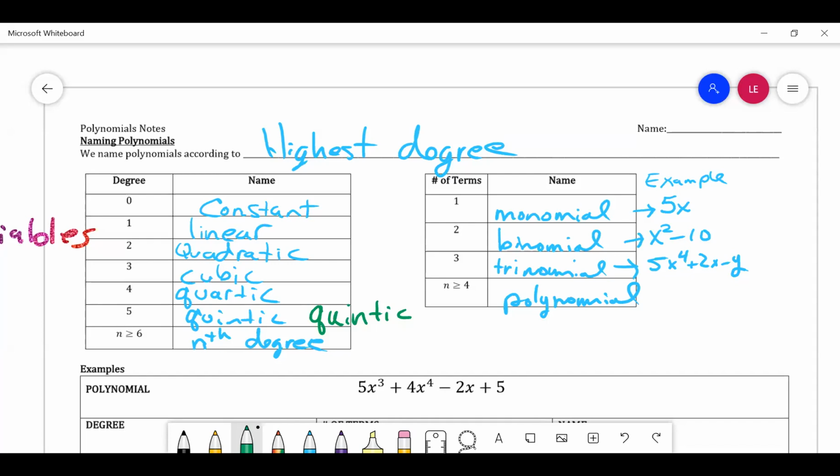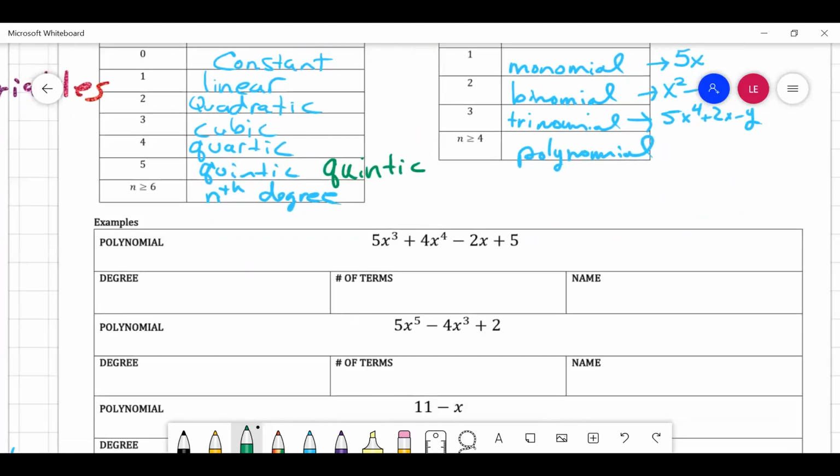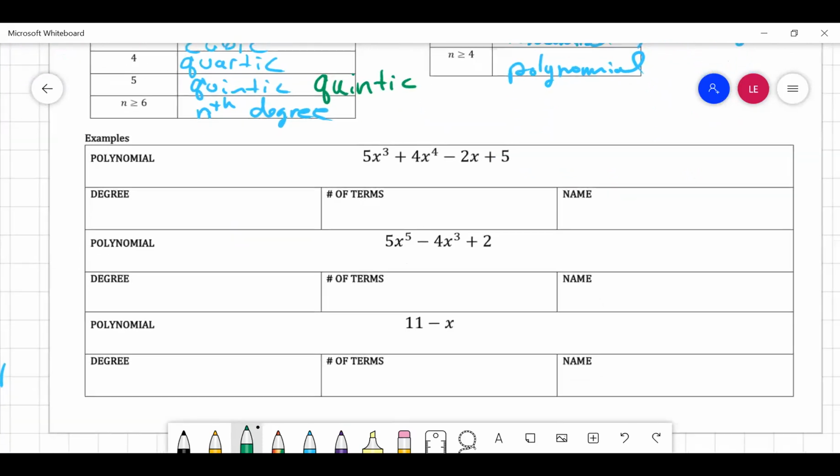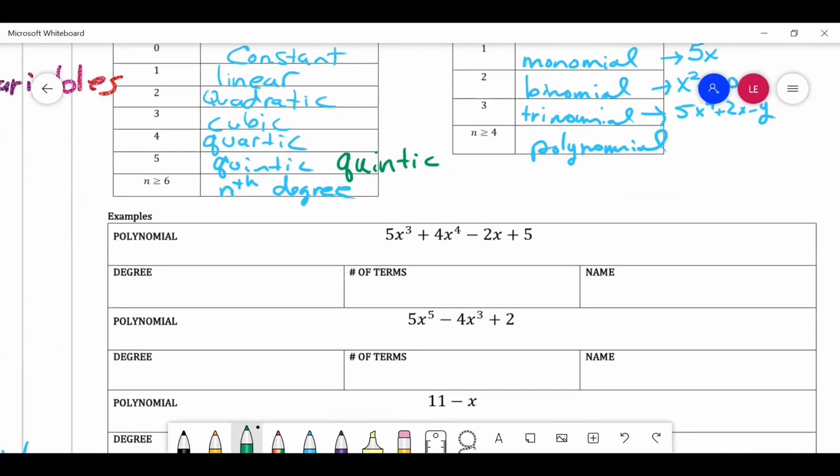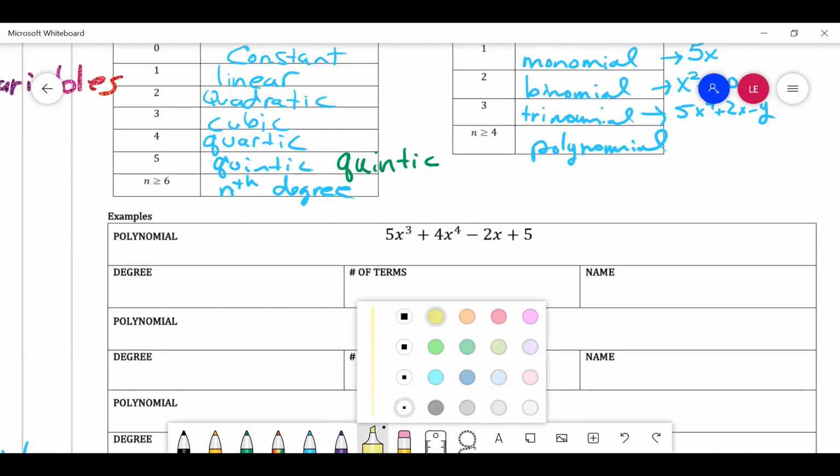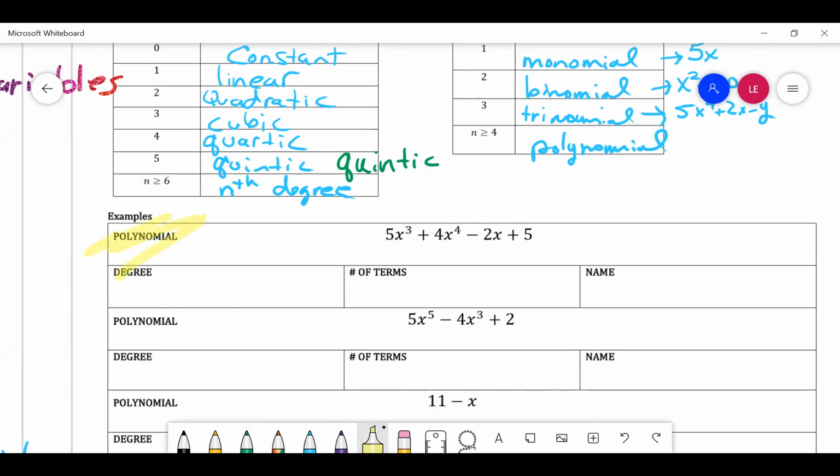Okay, so what I want you to do just real quick, again, if you don't have a copy of this one at home, on a piece of paper, or just do it mentally. Just go through here, do this section right here. See how well you think you understand what we just went over. Just do the first one. If I feel like you understand it, then we'll move on to adding, subtracting, and we'll finish off with that.